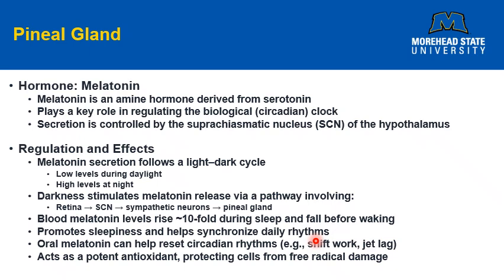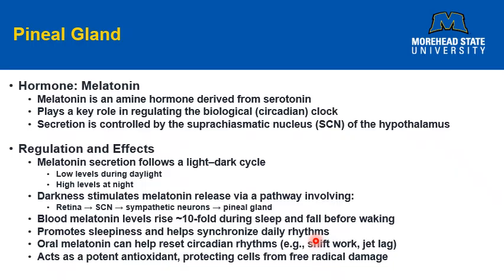You don't think of it as having this strong impact, but just taking it as a powder or a pill can actually help to reset your circadian rhythm. And a lot of people take it to correct things like changing of shift work, working night shift instead of day shift, having jet lag, things like that.